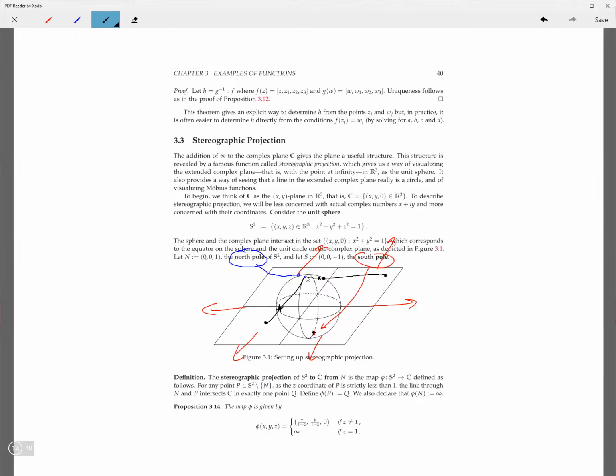But as you move on the surface of the sphere up towards the top, the line that you draw through the North Pole and that point goes out further and further onto the complex plane. And the limit of that would be like infinity. So basically infinity is going to associate with the North Pole on the sphere.